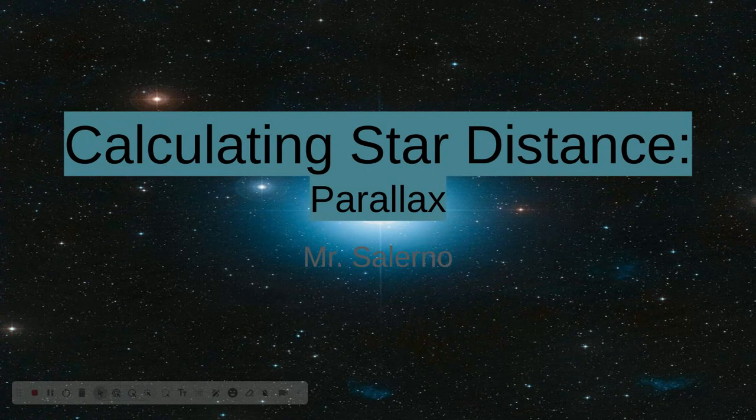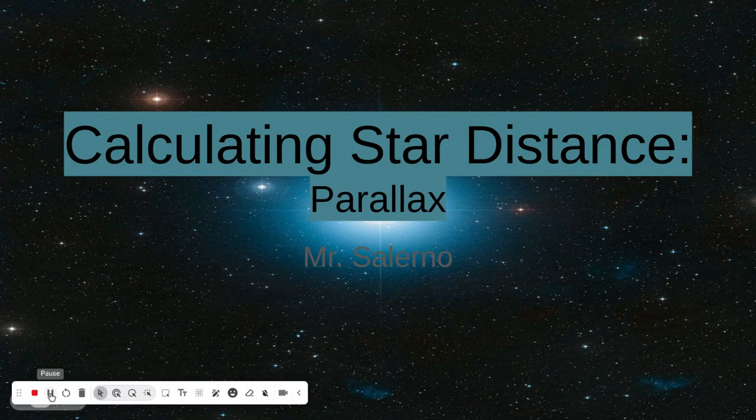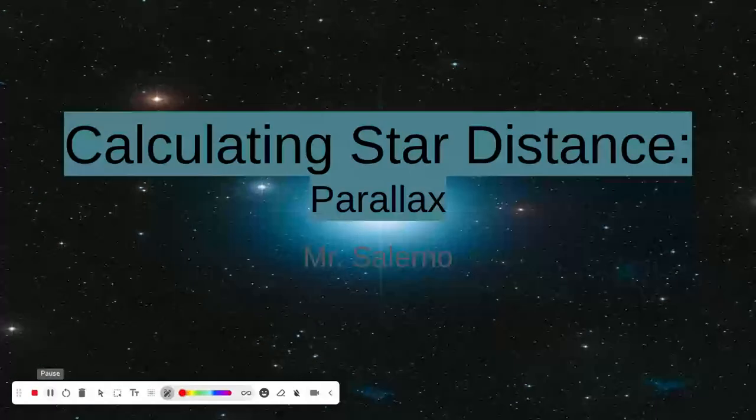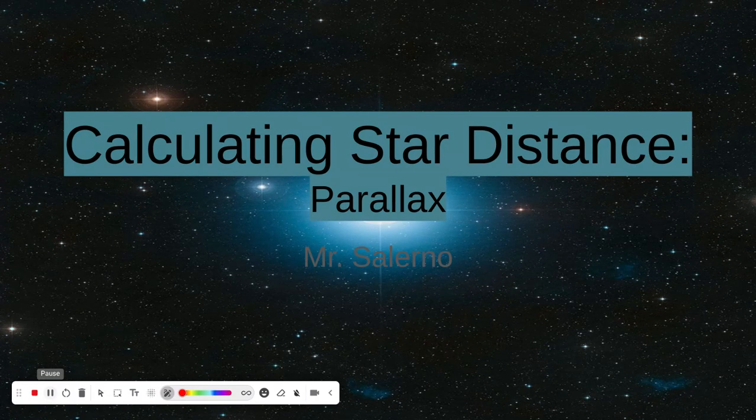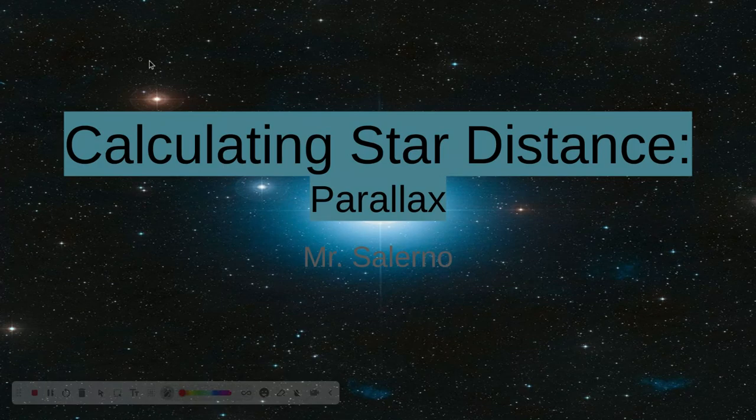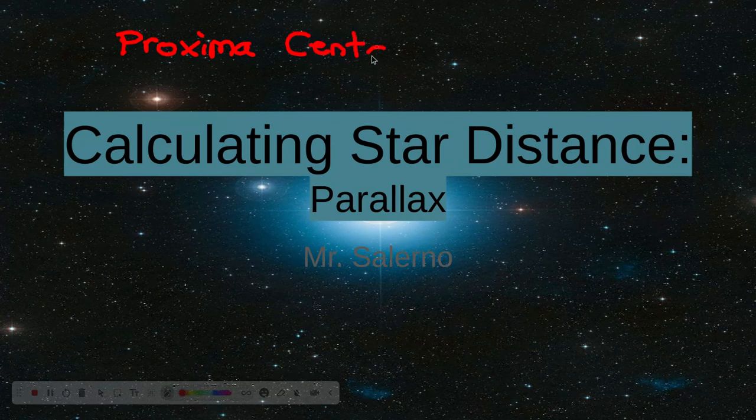So in this video, we're going to use our closest star to our sun, which is Proxima Centauri. So let's write that down. We're going to use parallax to find the distance to Proxima Centauri, which is a red dwarf, smaller than our sun.